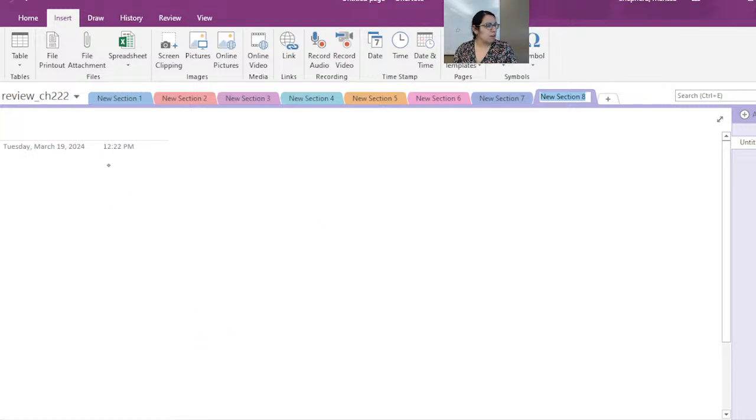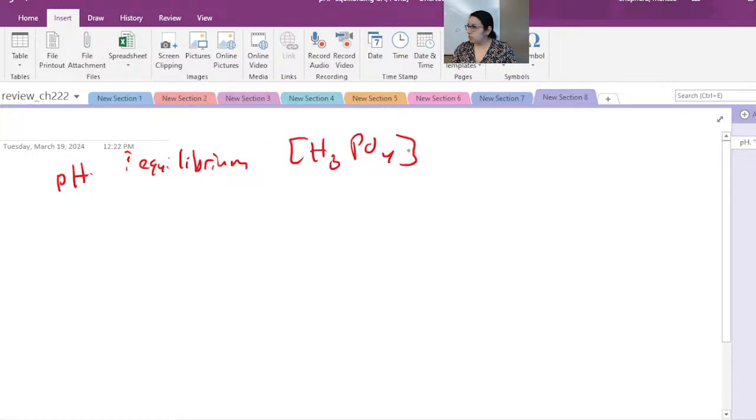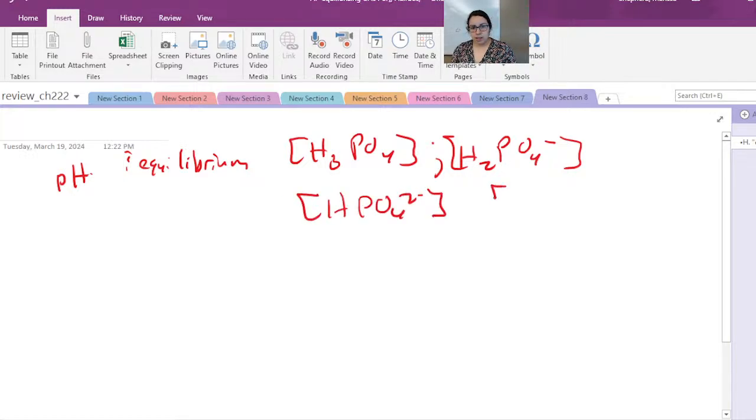I'm looking at the homework, and it says to calculate the pH and equilibrium constants for all these concentrations: our phosphoric acid, our first deprotonation, second deprotonation, and phosphate.